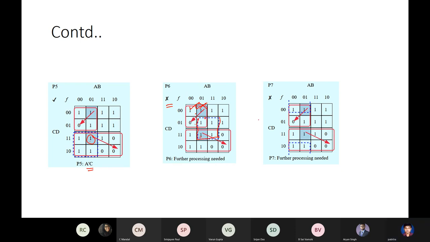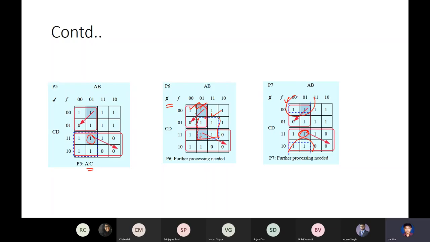Similarly, this prime implicant also has an intersection, but it does not contain the starting point. This is also illegal. So what we will do is edit this prime implicant and this prime implicant.